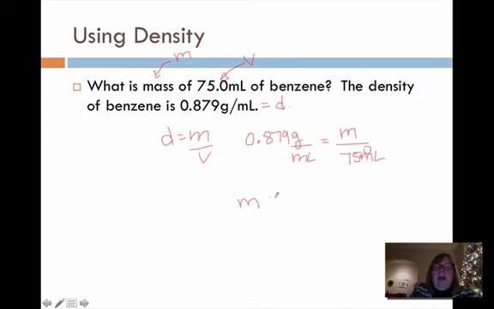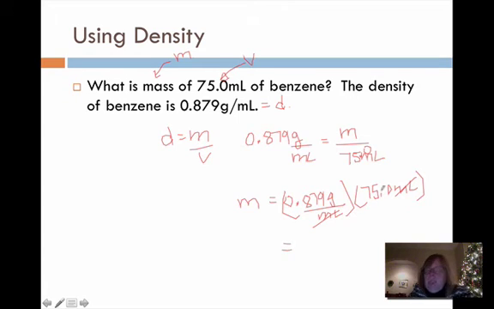Solving for M, it's going to be 0.879 grams per milliliter, and doing the math, we cross multiply times 75.0 milliliters. This unit, milliliters, is in the numerator; down here it's in the denominator. We're left with the unit grams, which is what we want. Reported to 3 significant digits, I get a mass of 65.9 grams. Again, notice to 3 sig figs, because this is 3 sig figs and that is 3 sig figs.